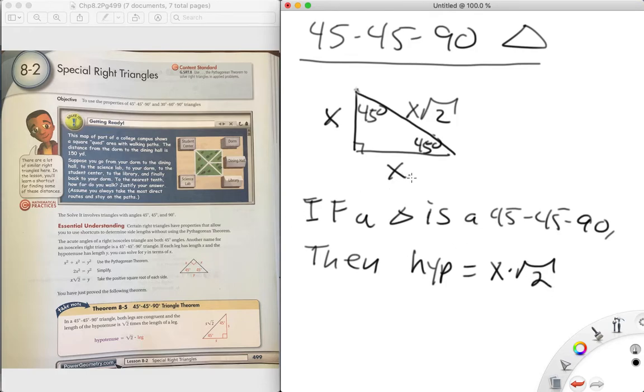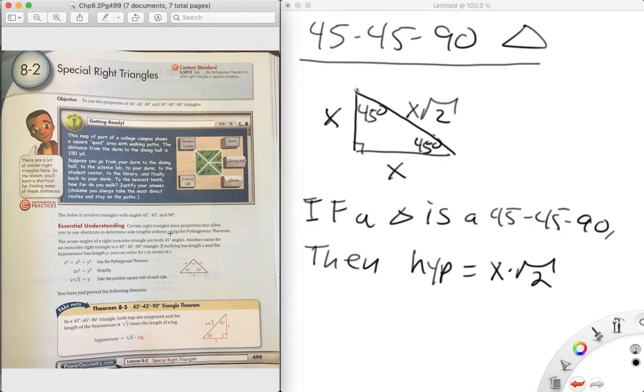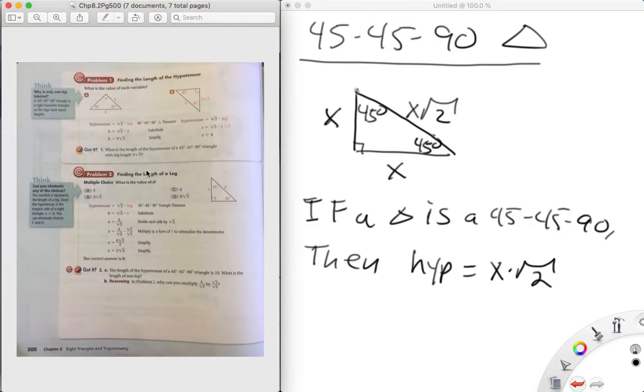The book uses s, I use x, same thing. The hypotenuse is equal to the side of the triangle times the square root of 2. 45, 45, 90 triangle theorem.